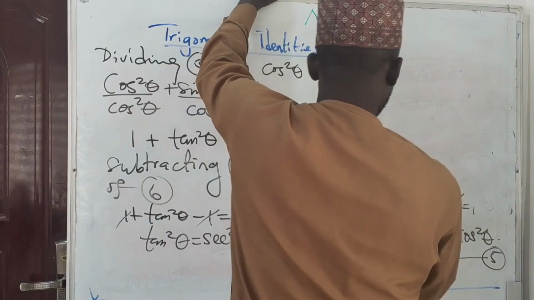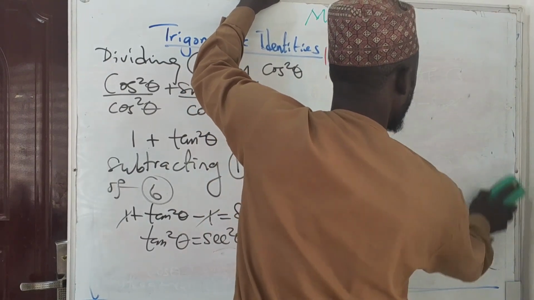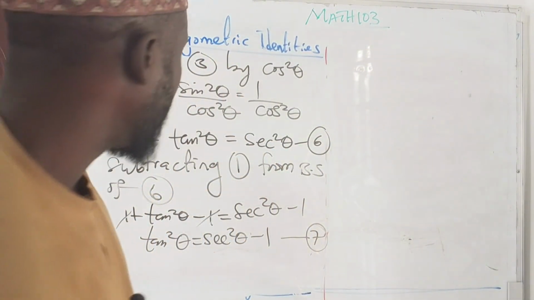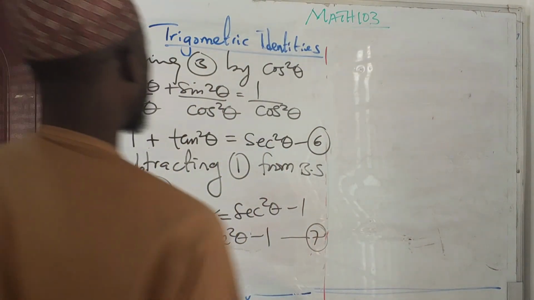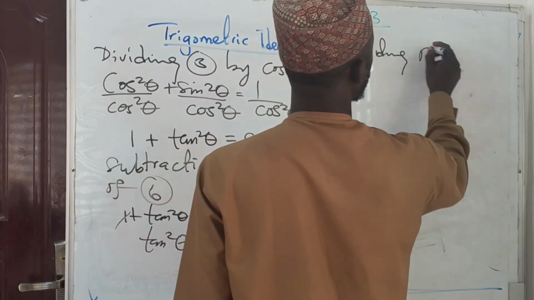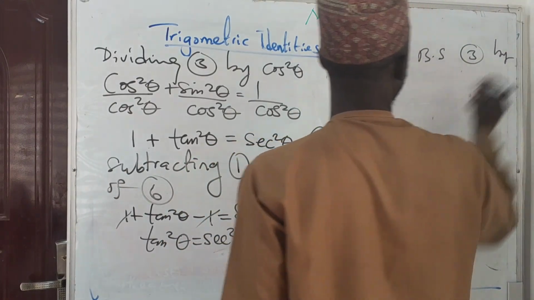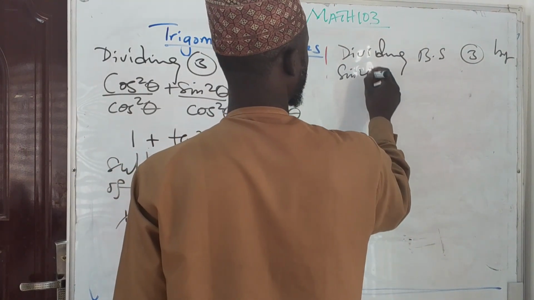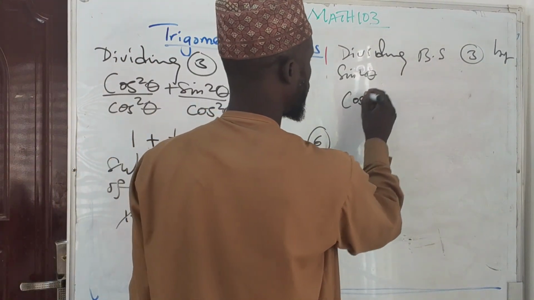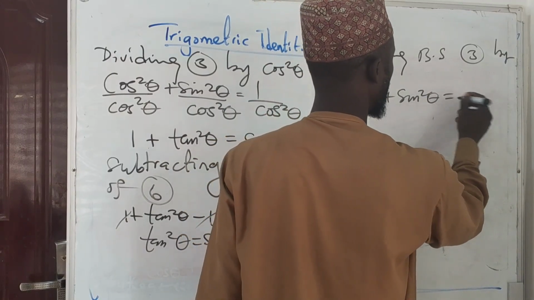Similarly, we can obtain another identity by dividing both sides of equation number 3 by sine squared theta. Equation number 3 is cos squared theta plus sine squared theta is equal to 1.